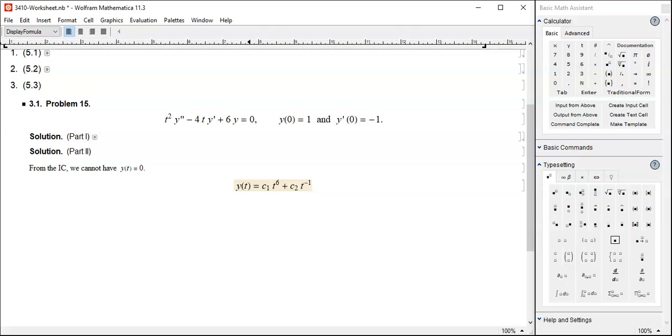And then here, C1, and then plug in 0. So, excuse me, what am I getting? 0 to the 6th power, 0 to the negative first power?